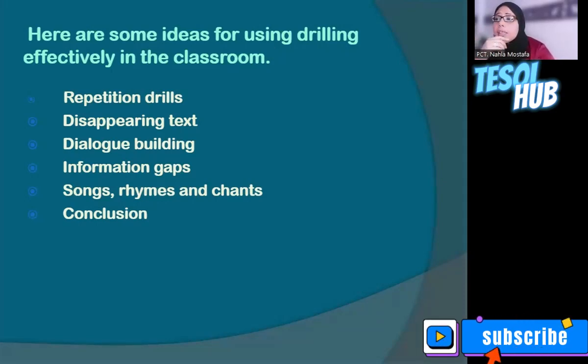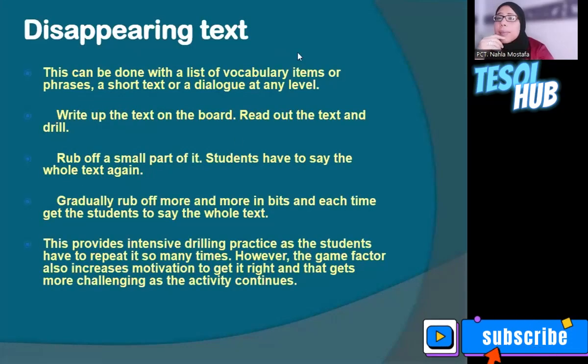And let's go now to see the disappearing text. It's a game that you can use in the class. It can be done with vocabulary items or phrases or a short text or dialogue, depending on the level of the students you're teaching.